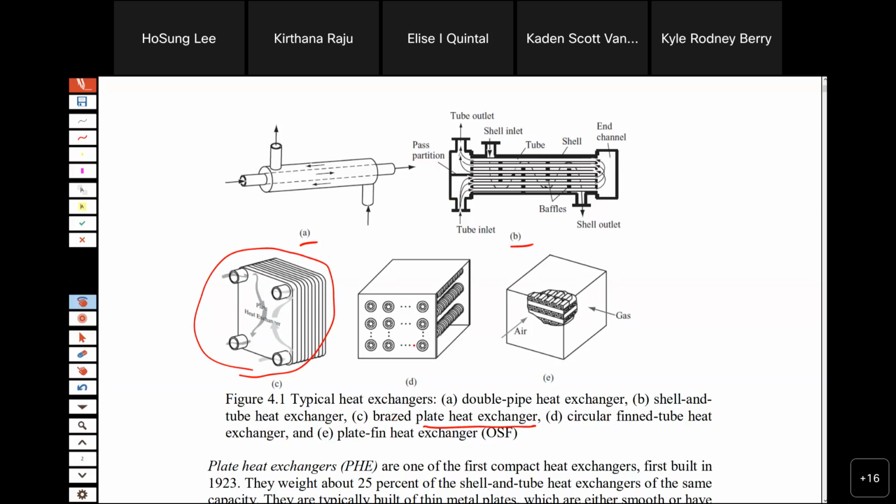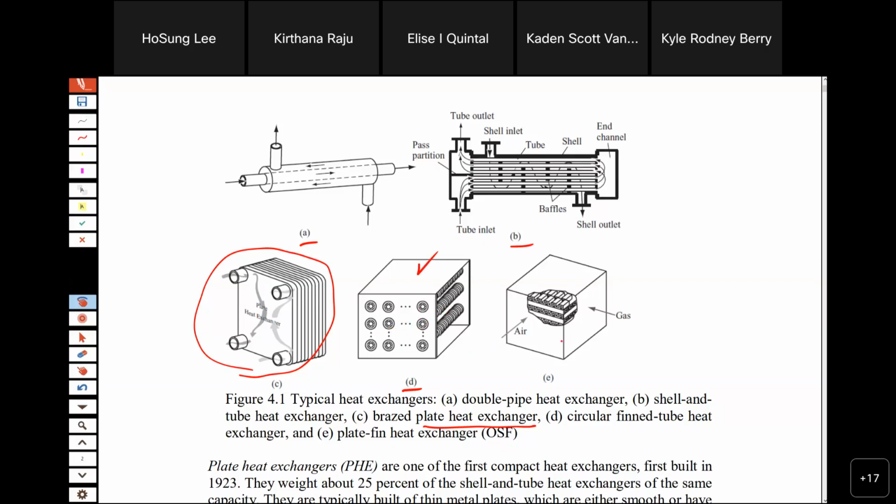And then the circular finned tube heat exchanger. This is very typical in air conditioning and automotive radiators. Every air conditioning system has one fluid that is air and the other is a liquid, so the heat transfer features are different.